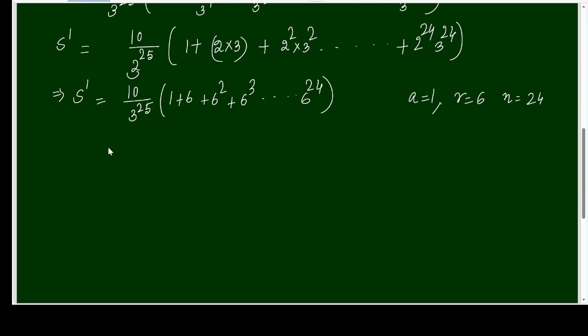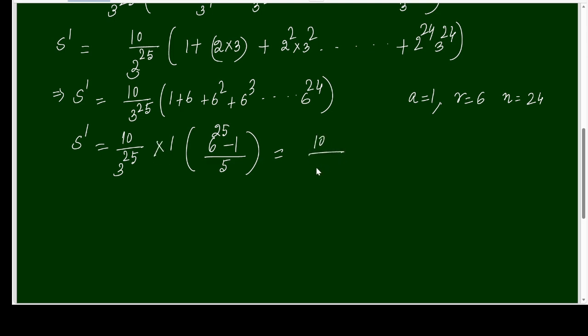So the sum S dash equals 10 over 3 to the power 25 times a into R to the power N minus 1 by R minus 1, so this will be 1 into 6 to the power 25 minus 1 over 5. The 5 I can cancel because this is multiplied.